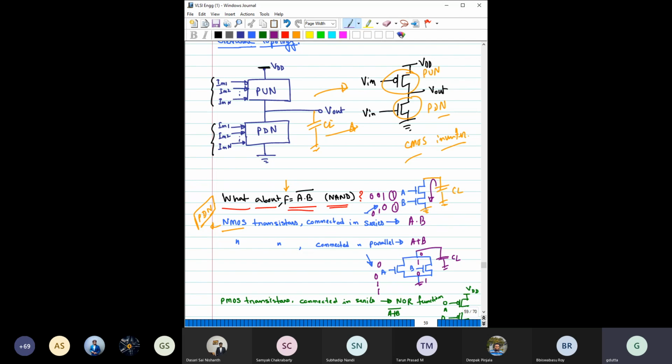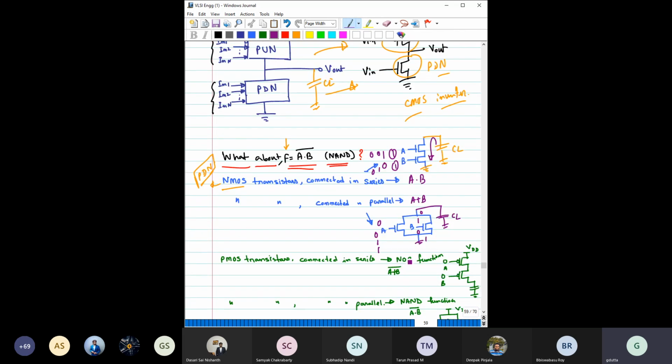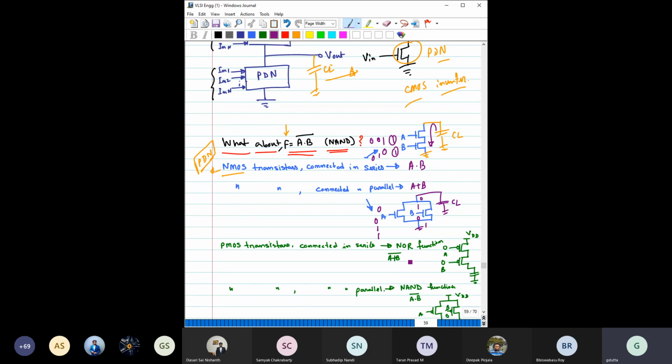But we are discussing CMOS, so we should have both PMOS and NMOS. We have discussed what will happen with NMOS. Now let us see what will happen for PMOS. In your mind it should come that PMOS is the pull-up network; it cannot be used as a pull-down network.